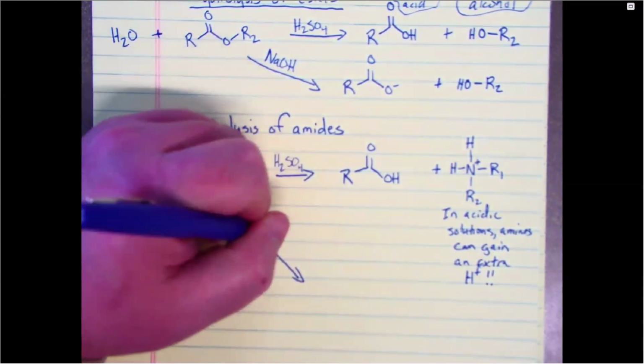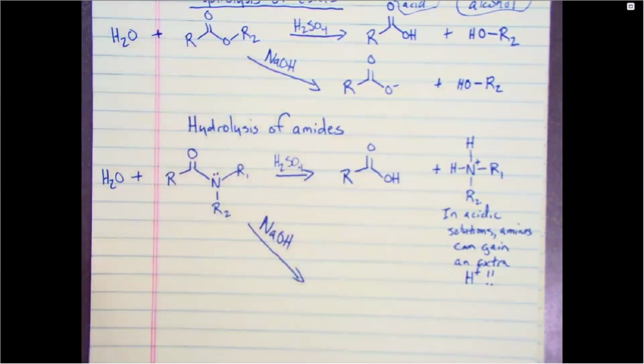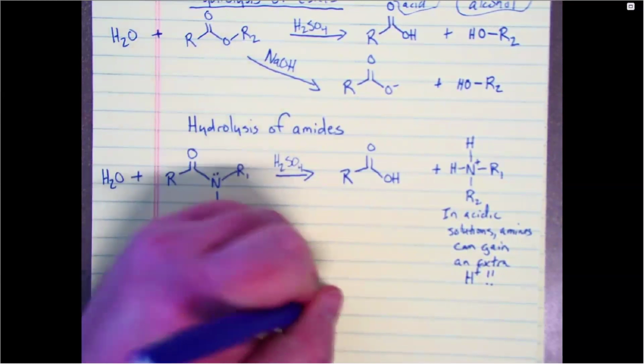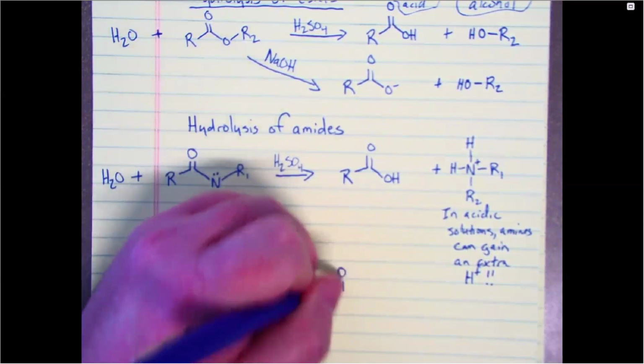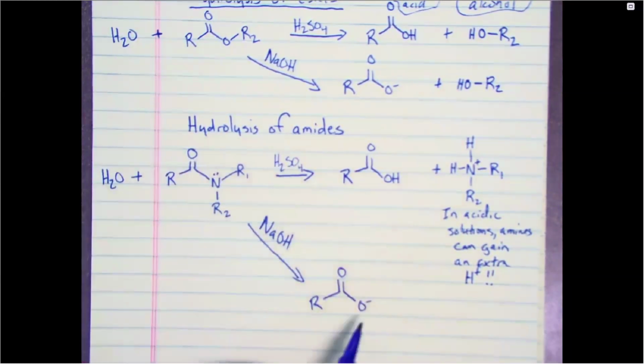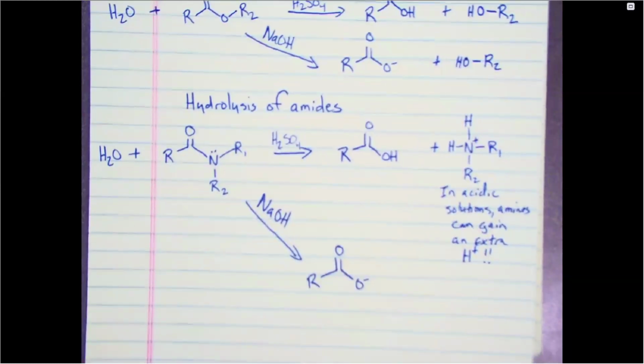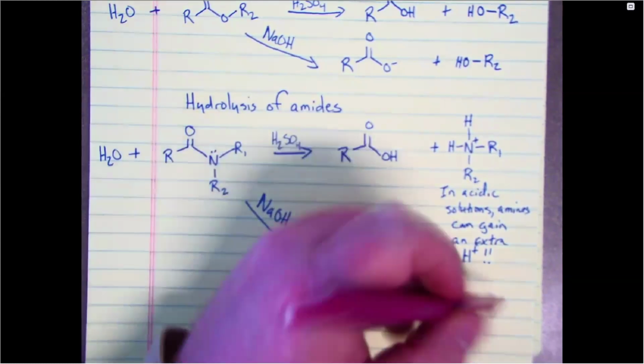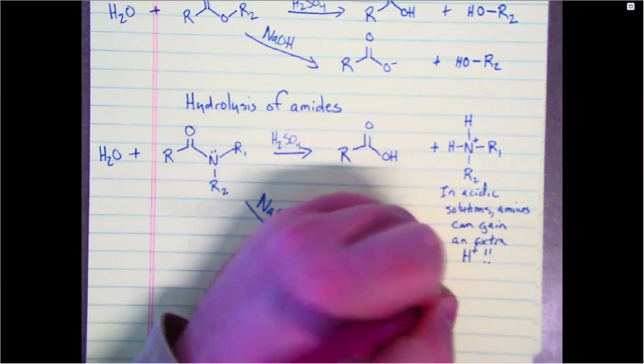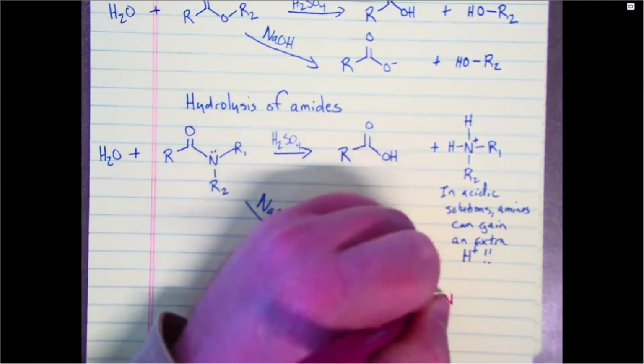If we did the same hydrolysis using base like sodium hydroxide, we know that when we get a carboxylic acid in a basic solution, that carboxylic acid is going to have lost its proton. And in a basic solution, our amine would not have picked up an extra proton.